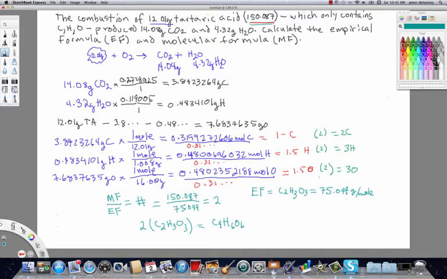Once we have the mass of all the elements that are in the compound, then we find the moles of each. We compare the mole values looking for the smallest one, and we divide the mole values by the smallest number, and that gives us a mole ratio.